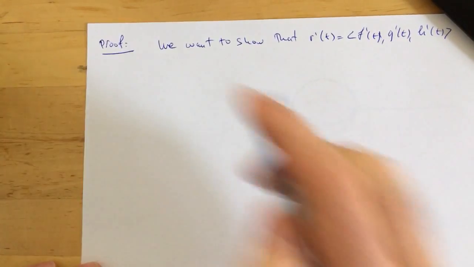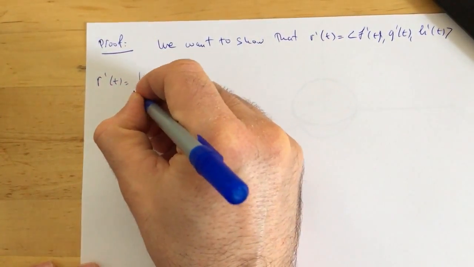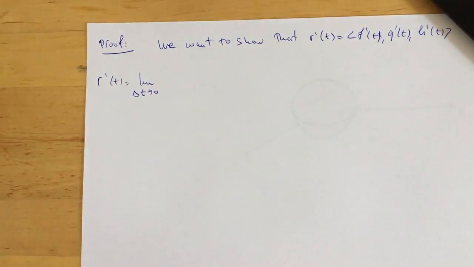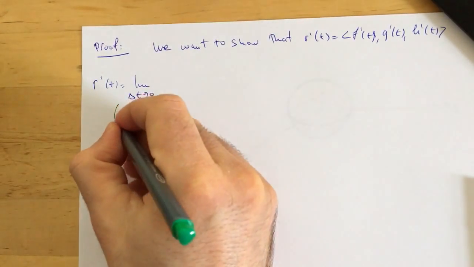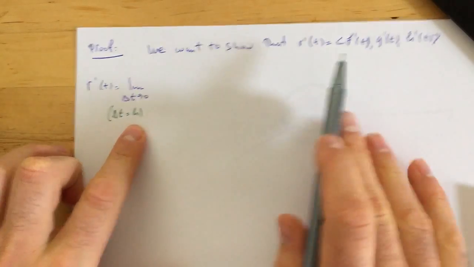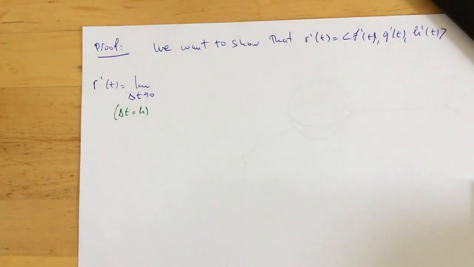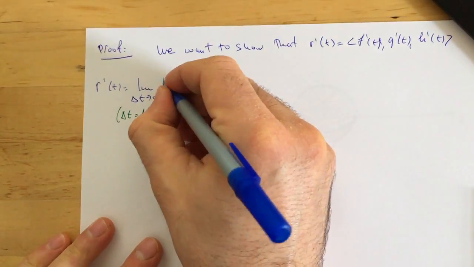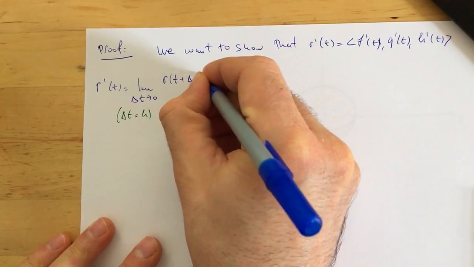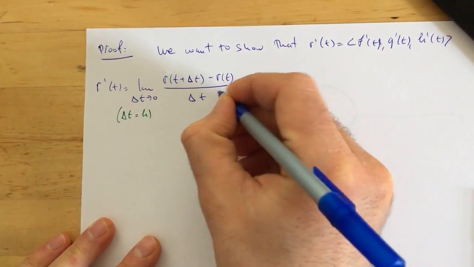We start with the definition. r prime of t is equal to the limit as delta t goes to 0. Now I change h to delta t, just so as not to mistake this h with the component function h of t. That's it. Nothing serious going on here. So I have r of t plus delta t minus r of t, divided by delta t.